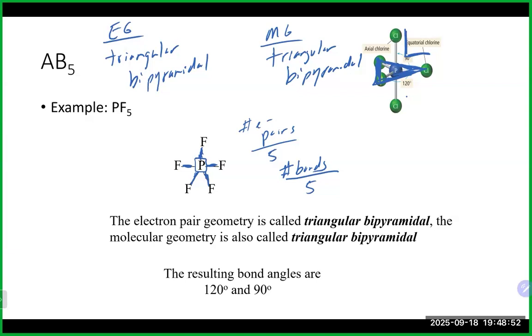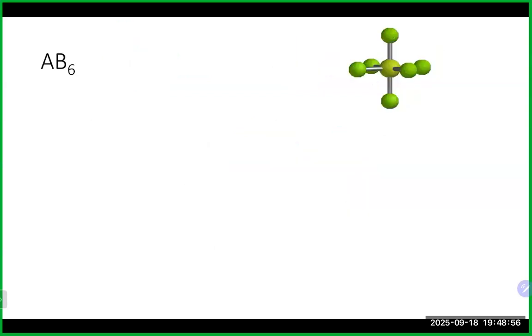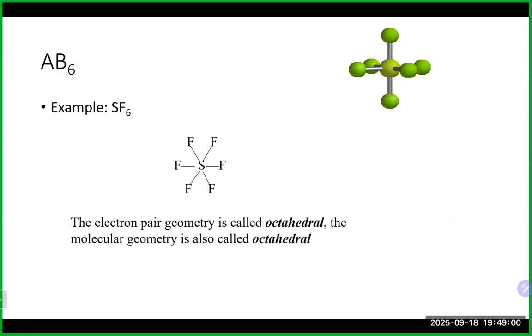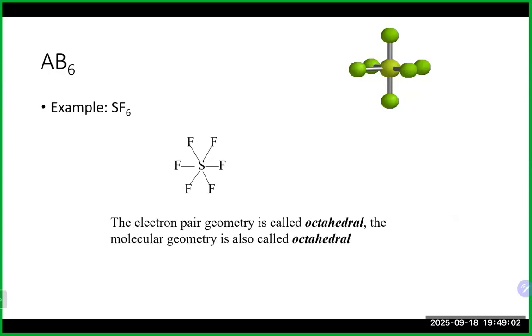The last geometry that we come across with the expanded octet is SF6. If we look at the central atom, the number of electron pairs is 1, 2, 3, 4, 5, and 6. Something with 6 electron pairs has an electron geometry name of octahedral.